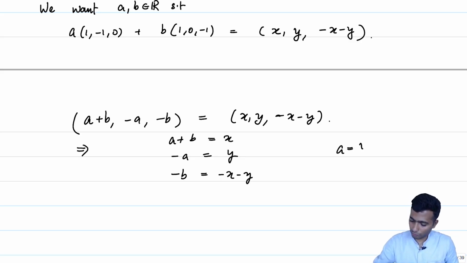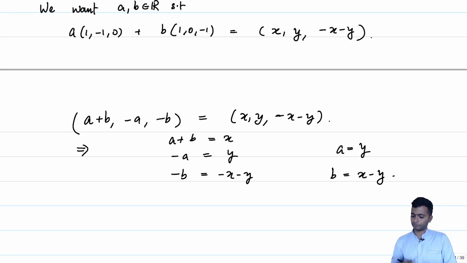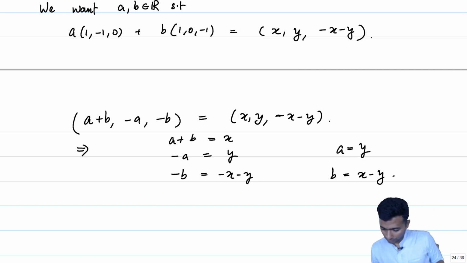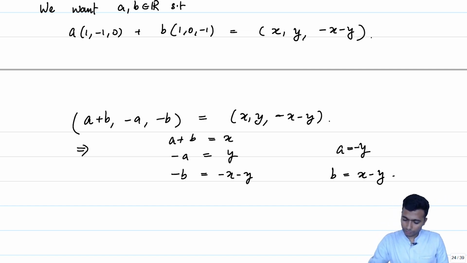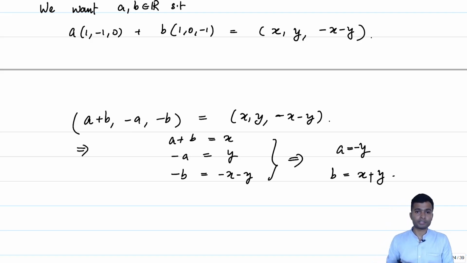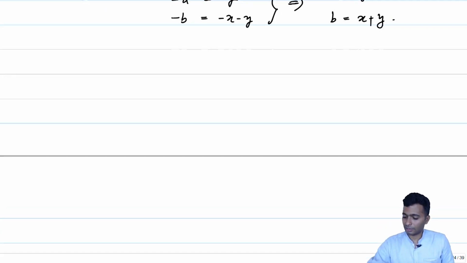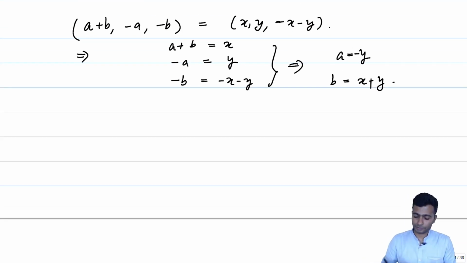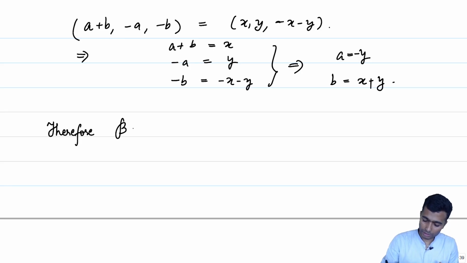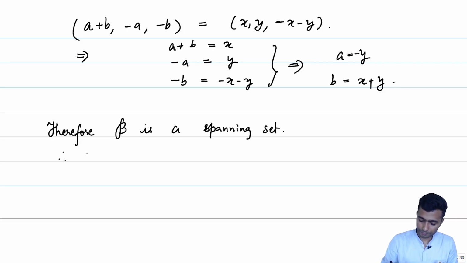Therefore, A is equal to minus y and B is equal to x plus y. And therefore, yes, we have the spanning property here. So, B is a spanning set, and therefore a basis.